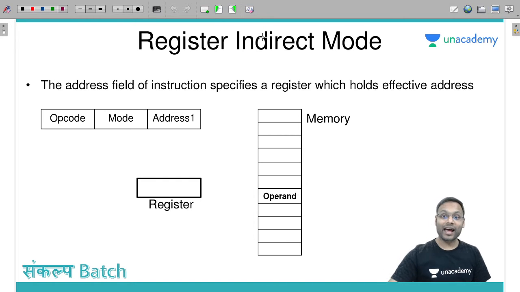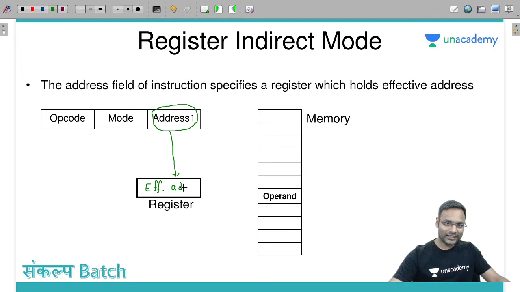Register indirect mode. It says the operand, of course you will get from a register, but not directly, indirectly. How? The address part will give you a register reference. In the register you will get an effective address, not the operand this time.